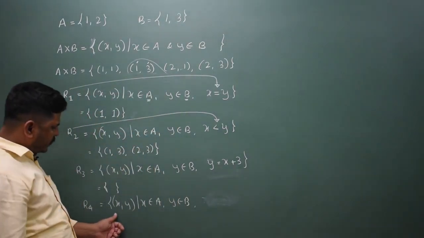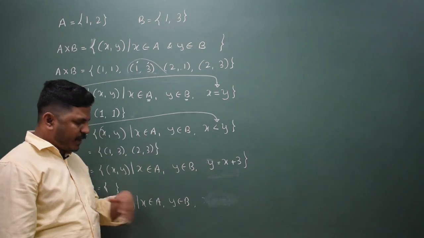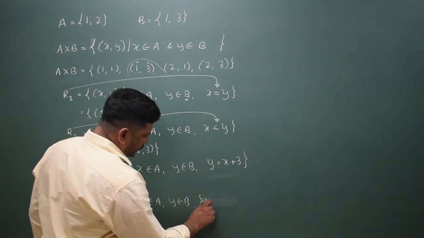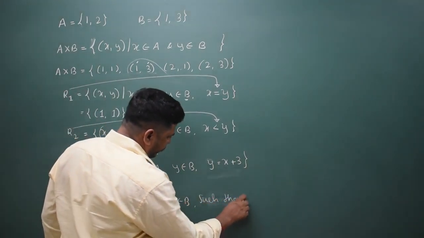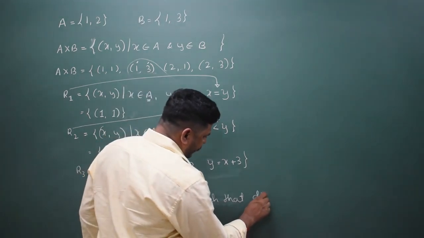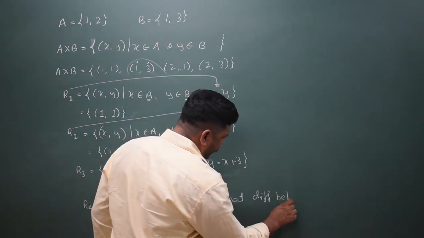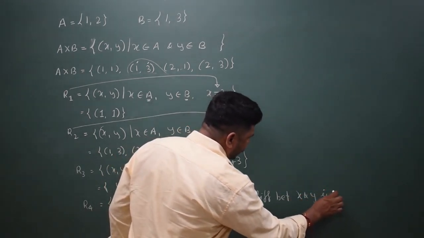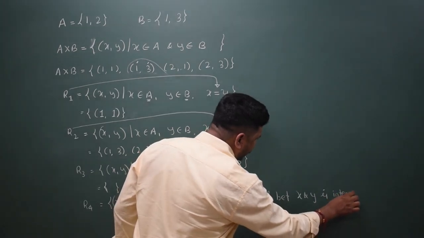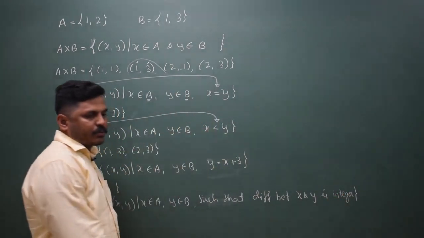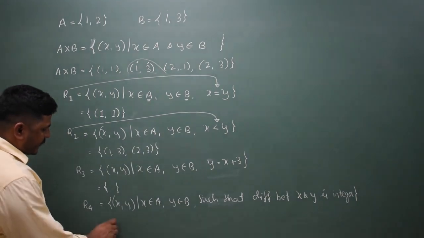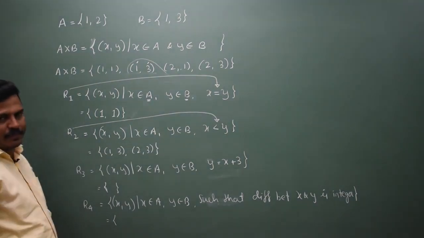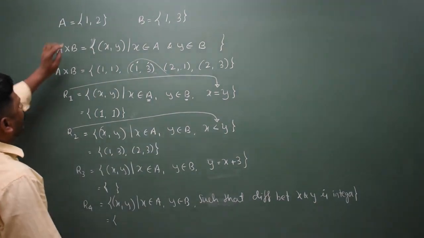So (x, y) such that x is in A, y is in B, such that the difference between x and y is an integer. Now check.